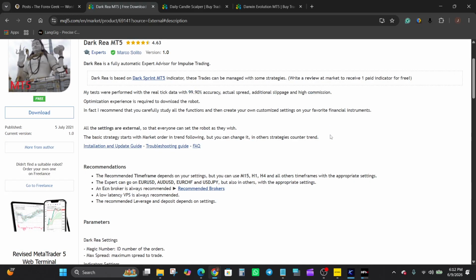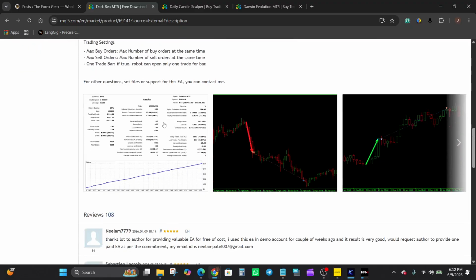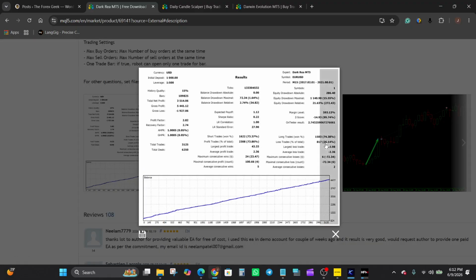That's actually important because it means the historical results are trying to reflect more realistic trading conditions rather than ideal scenarios. All right, so let's just briefly look at the results that we have here on the marketplace. So the history quality is 15%. Okay, that's quite low.